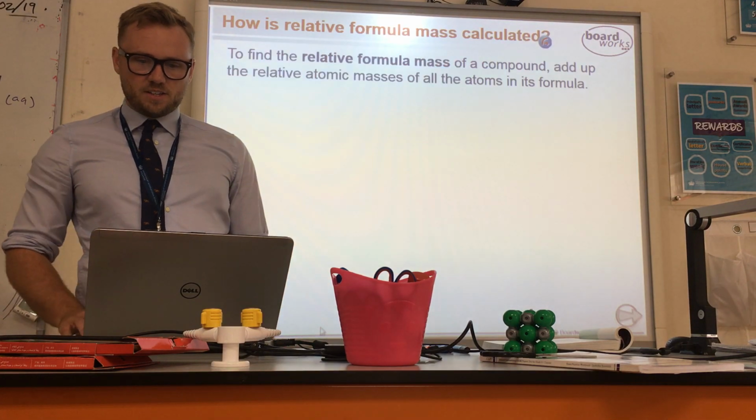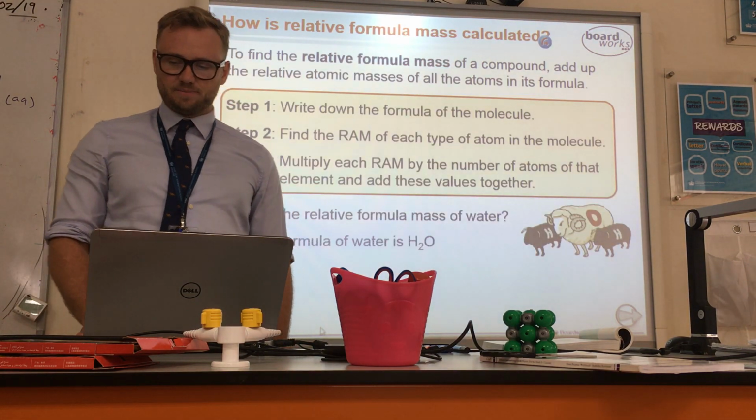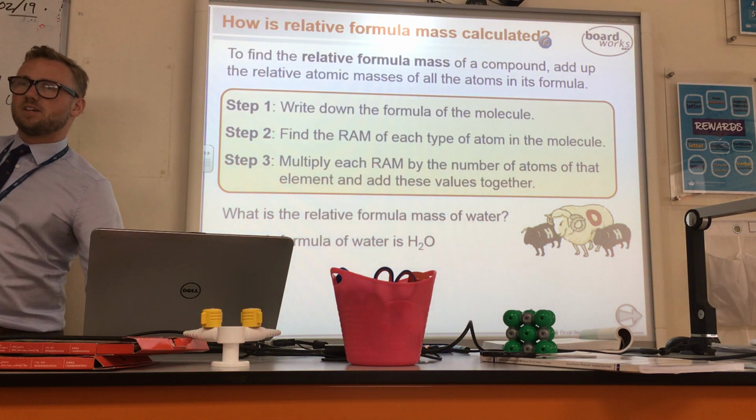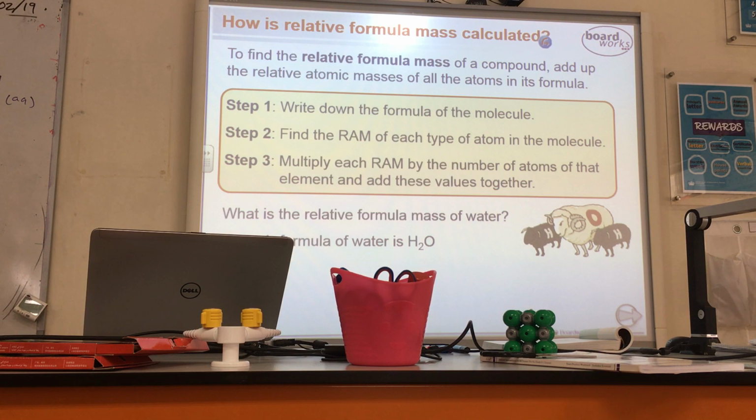Right, moving on. You need to be able to calculate relative formula masses. Relative formula masses are the masses of molecules or compounds. Okay? Basically, I could say to you, how heavy is a water molecule? Now, you know that water's H2O, bonded together. So how heavy is it?